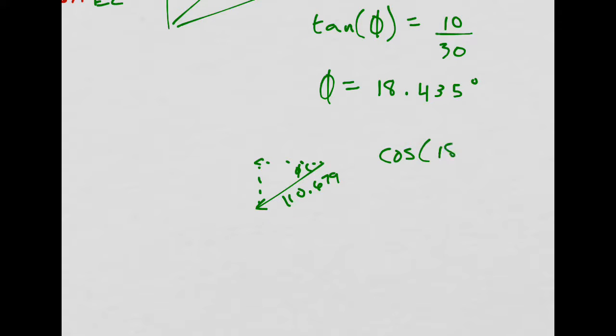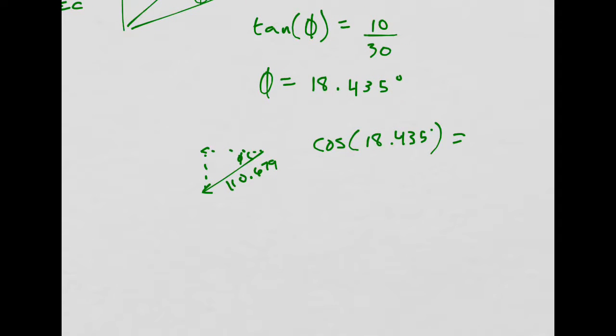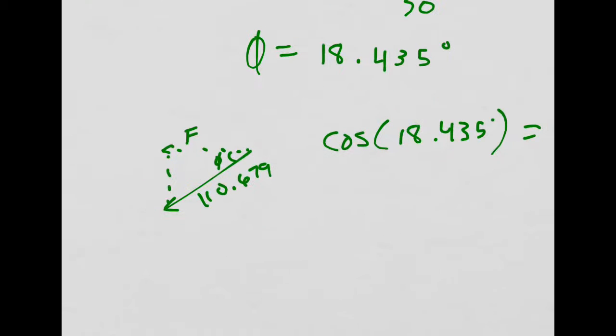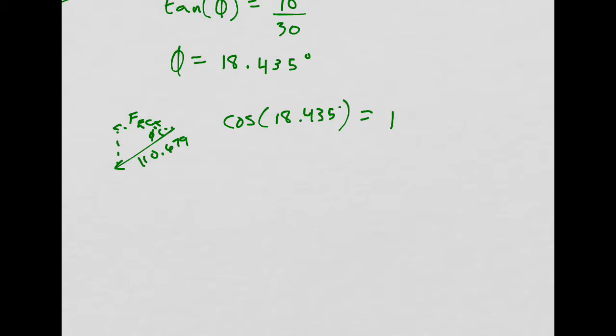Cosine of 18.435 degrees has to equal the force of EC in the x direction, FECX, adjacent, over the hypotenuse, 110.679. I'll multiply both sides by this to get my answer, EC in the x direction, and that I'm going to round up to 105.